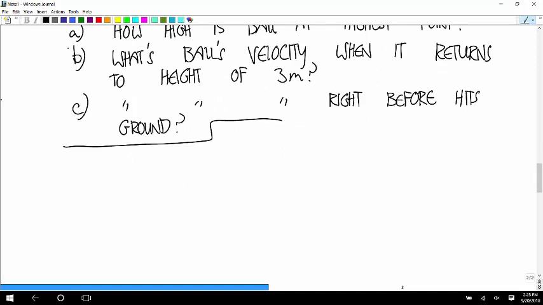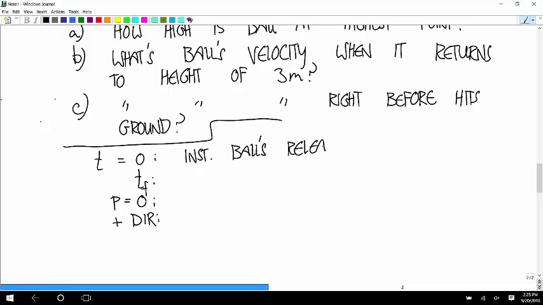So first, for part A, we need to make those 4 choices. What's going to be our time equals 0? What's going to be our time final? Our position equals 0, and our positive direction. What do you want to choose as time equals 0? Yep. So the instant the ball's released. And what do you want to choose for time final?